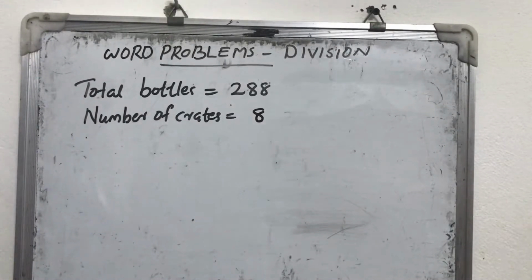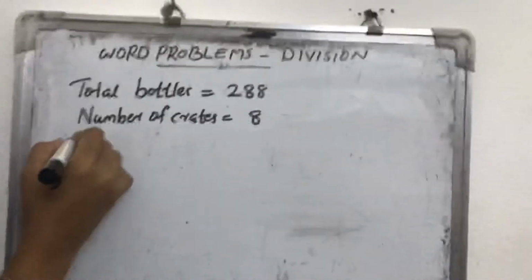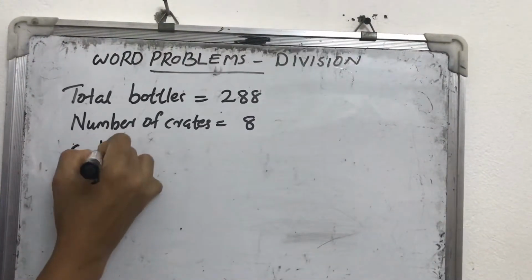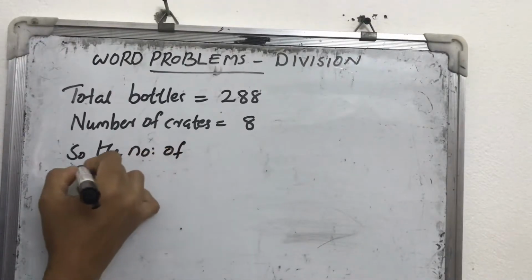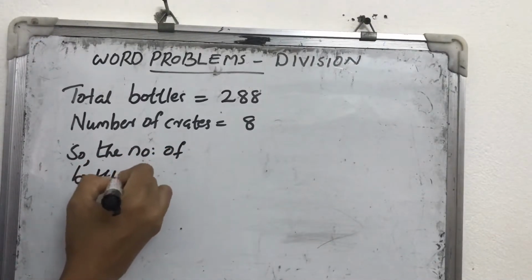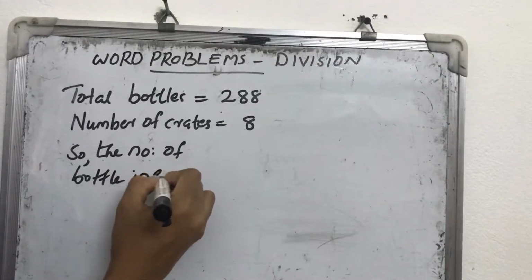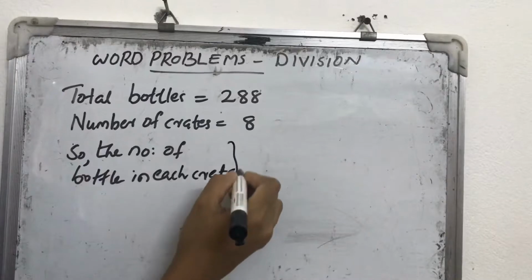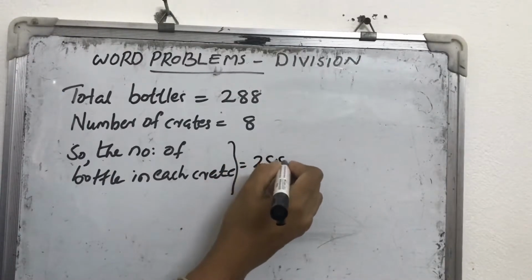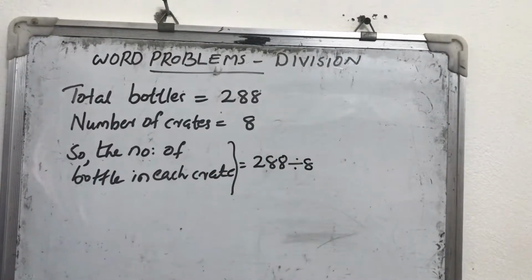Then we want to find out the number of bottles in each crate. So the number of bottles in each crate equals, how can we find out? 288 we want to divide by 8. So we can do that division.